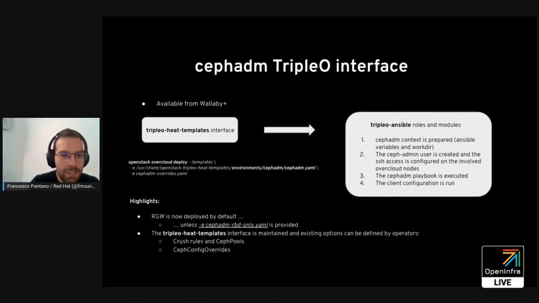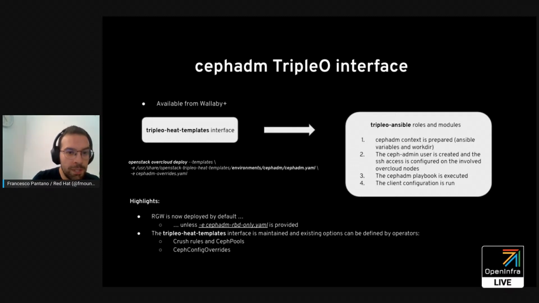So Francesco is going to go into some more detail on the interface. Yeah, thank you, John, for the great presentation. So at this point, you can have deployed Ceph first, or you can just describe your cluster and push the button. This work is available from Wallaby, and we are basically maintaining the same TripleO heat templates interfaces, passing the new environment file and the other overrides where your Ceph cluster is described.